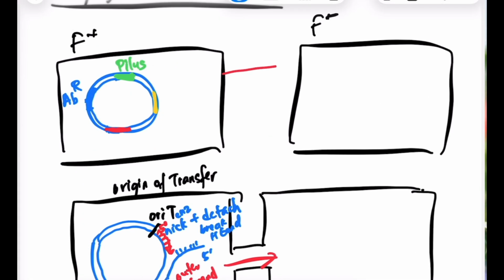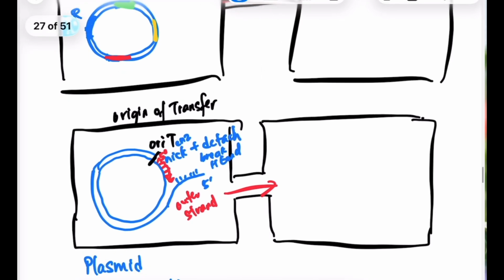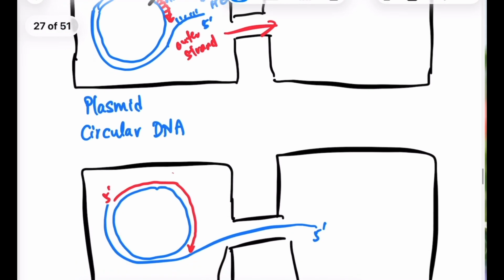Okay, so a sex pilus is just a protein, but it's too long to actually allow the cytoplasm to go through. Okay or not? So they will move them. If you look at pictures, right?